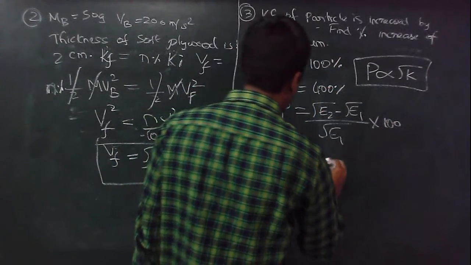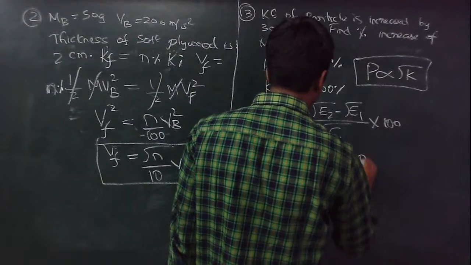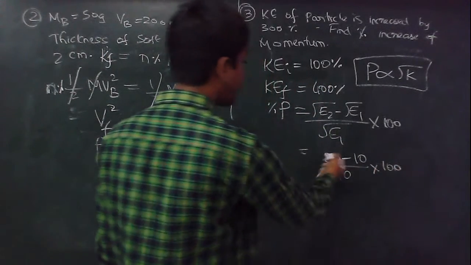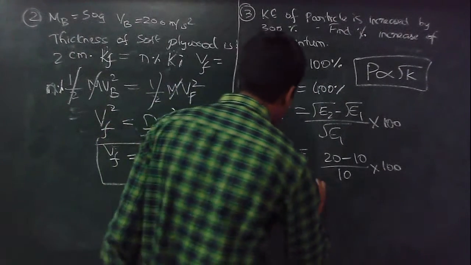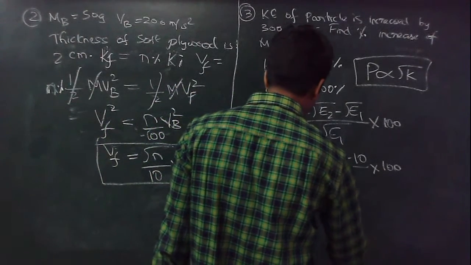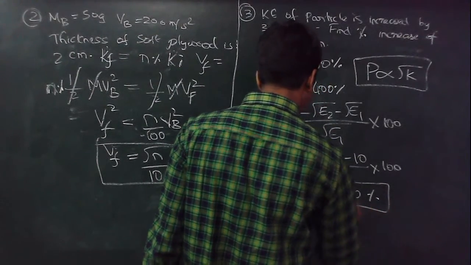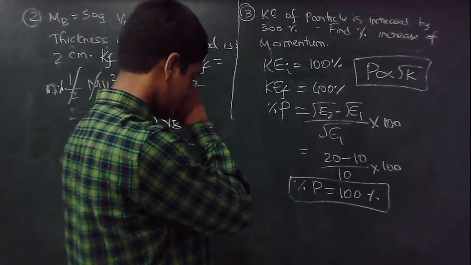Here it is 20 minus 10 upon 10 into 100. And by 10 it is 100%. Percentage increase of momentum is 100%. The simple one. Okay?